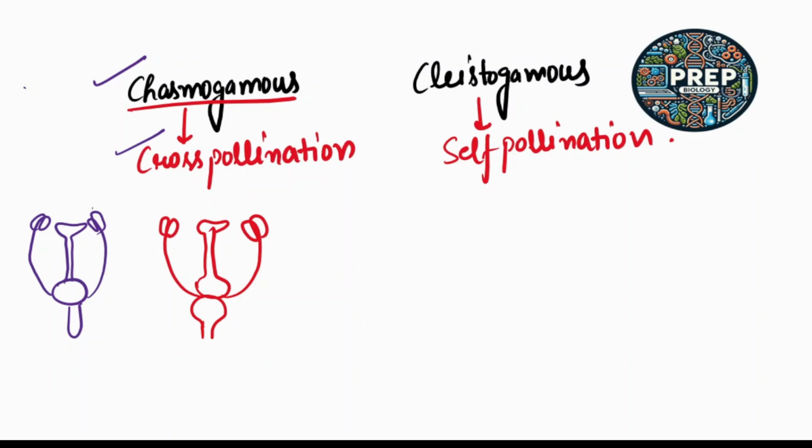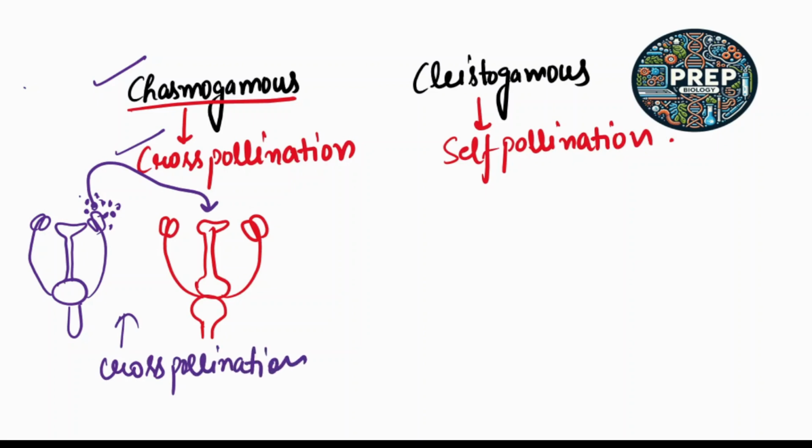So the transfer of the pollens from one flower to another flower, that process is called cross pollination. This is one flower and this is the second flower. So the transfer of the pollens from one flower to another flower is called cross pollination.